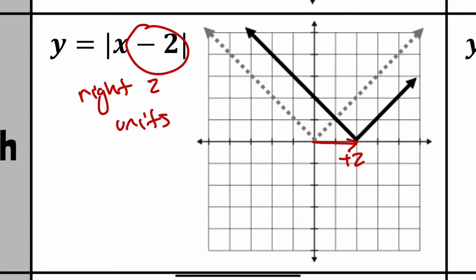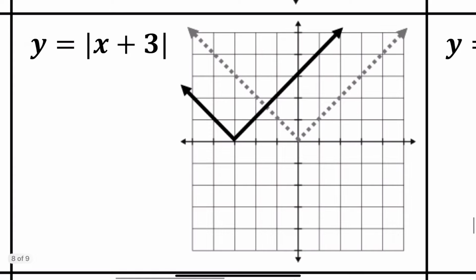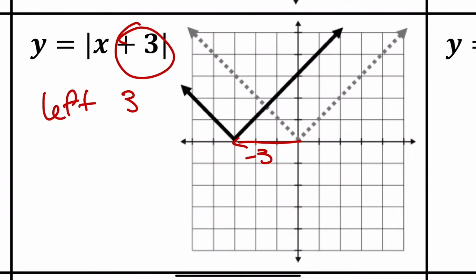Okay. Let's take a look at the next one. Okay, so we started out over here and then moved 3, but that's in the negative direction, so we moved over to negative 3, but we started out with a positive 3. We moved left 3 units, even though we already had a positive number. Okay, well, that's opposite.